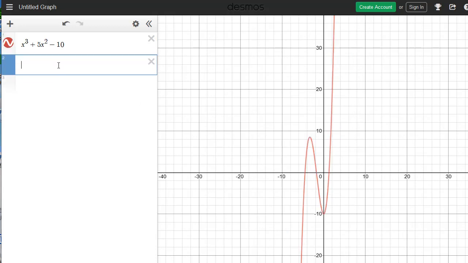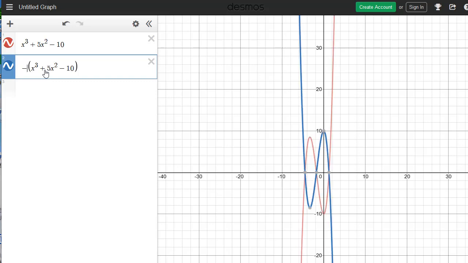Now, if I want to flip that top to bottom, where it looks like I'm holding a mirror across the x-axis, all I have to do is take the function. I'm just going to copy paste. So there's the copy, and here's going to be the paste. Okay, the original function, and then all I have to do in order to flip it across is put a negative sign in front of it.